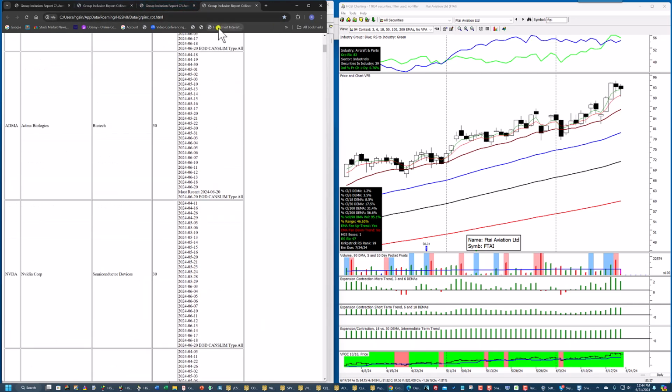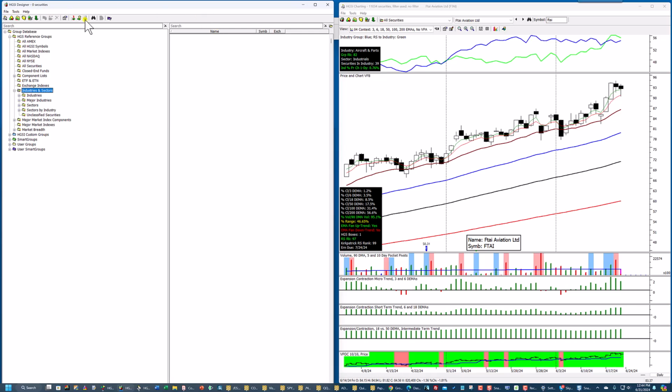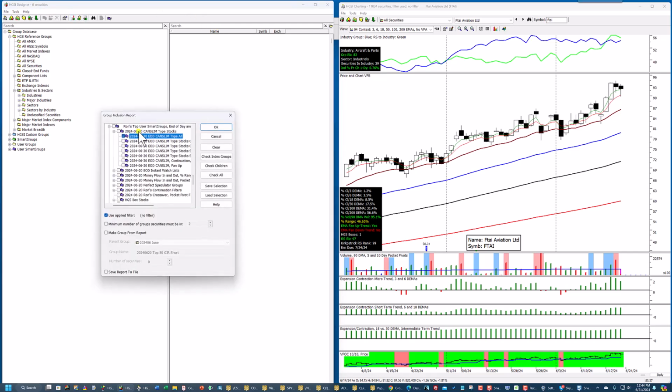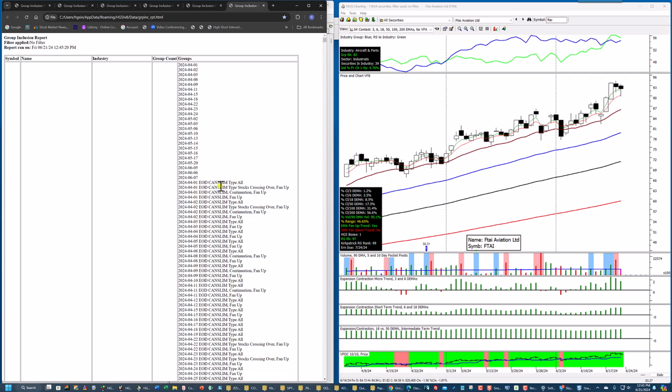Let me go back here. Let's try this again. I know what I did. I need to go up into my user SmartGroups, and the non-index file, CanSlim type stocks. And I'm going to select April, May, and June and check children. Now let's try this again.